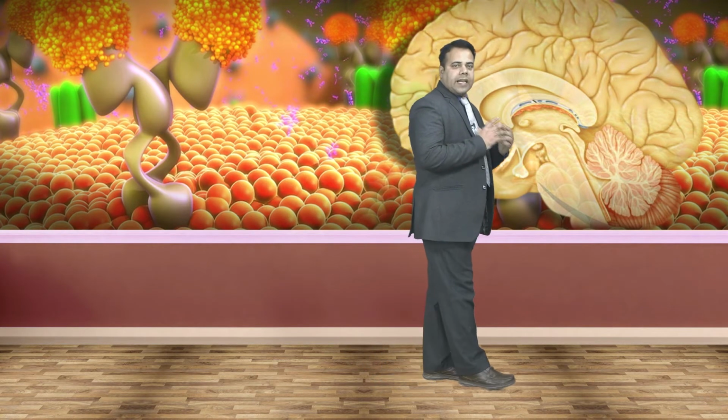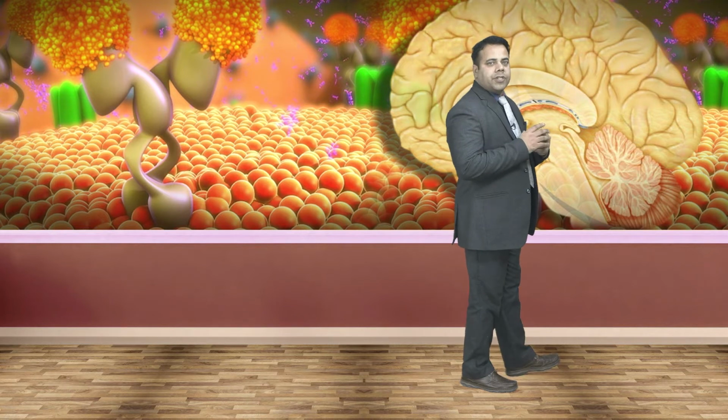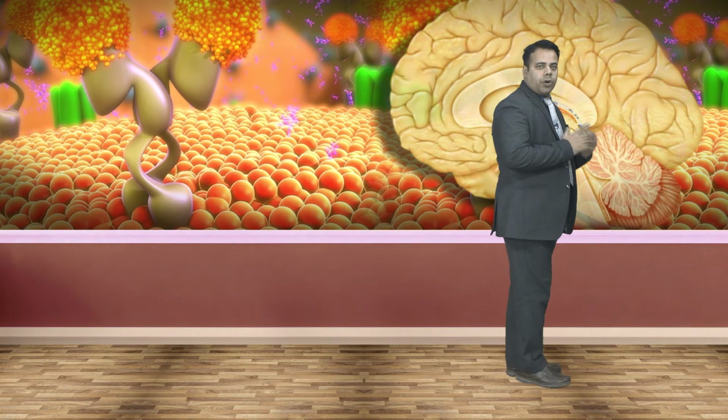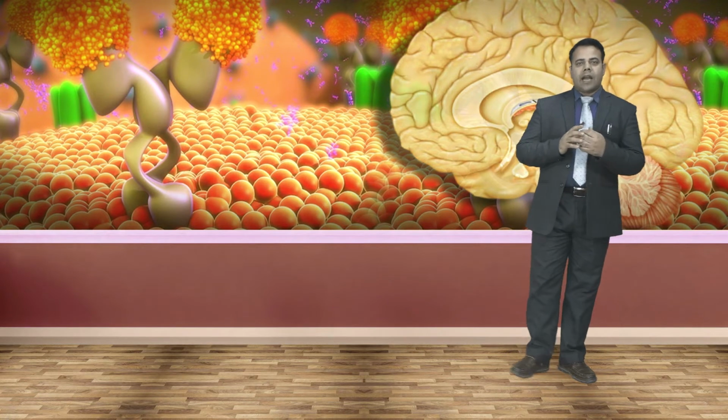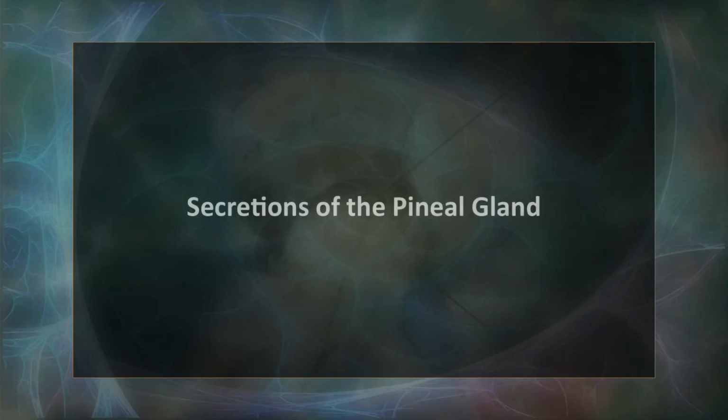The pineal gland often appears calcified in X-rays, which is usually due to fluoride, calcium, and phosphorus deposits that build up with age. Now let us discuss the secretions of the pineal gland.